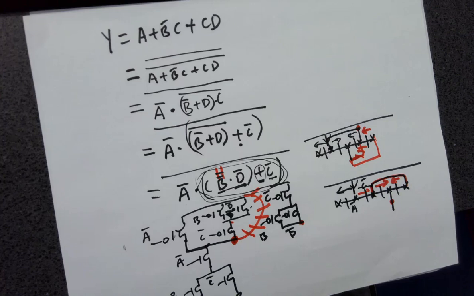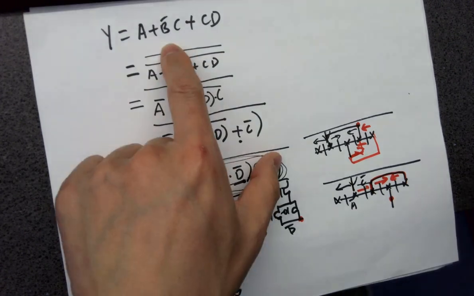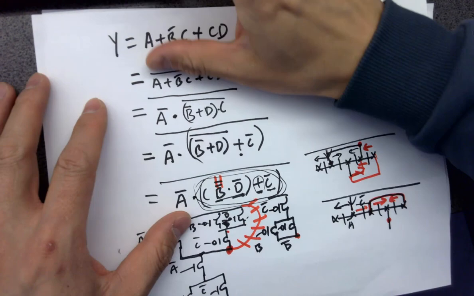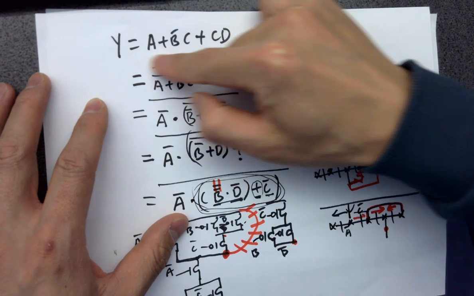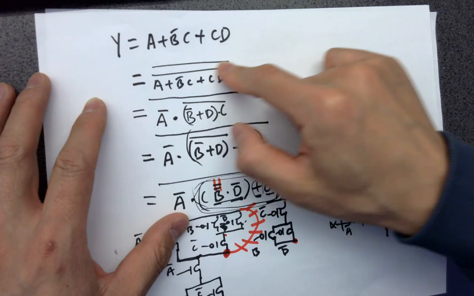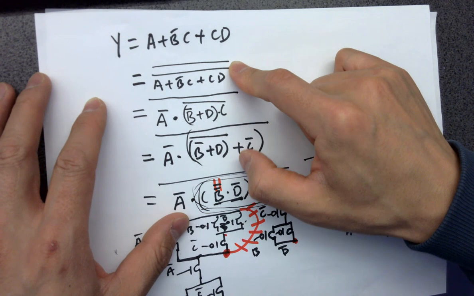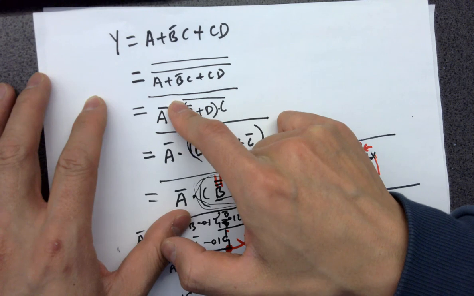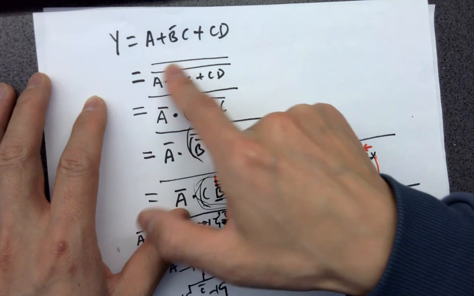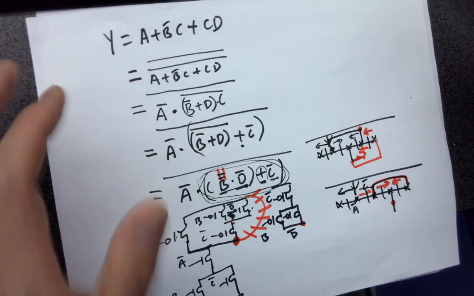Double NOT, okay? It's not changing the logic. So eventually I'm just keeping the top bar, but the bar in the middle is getting split according to De Morgan's law, because if you split the bar and change the sign, it's not changing the logic.